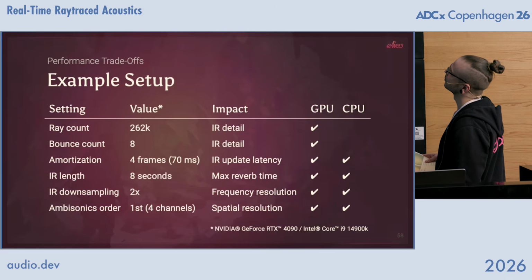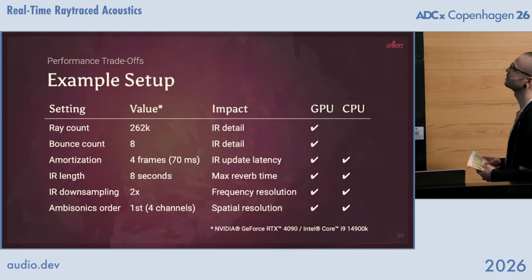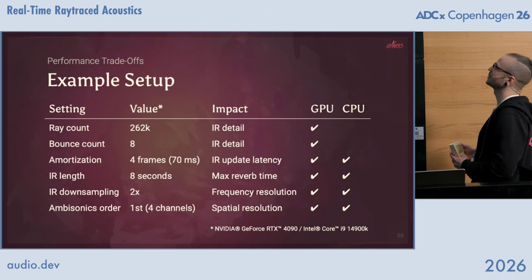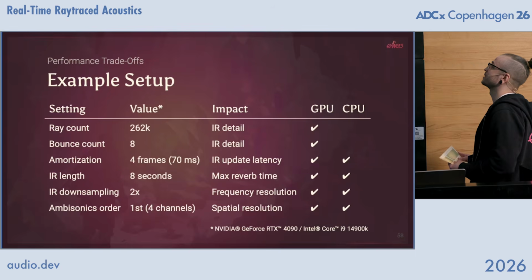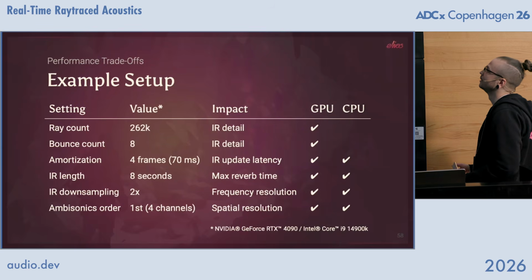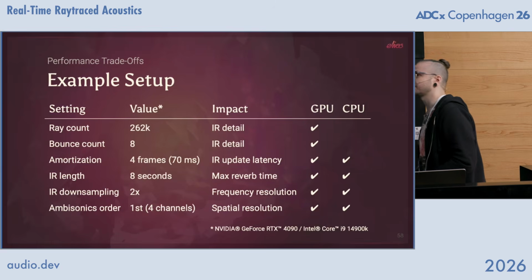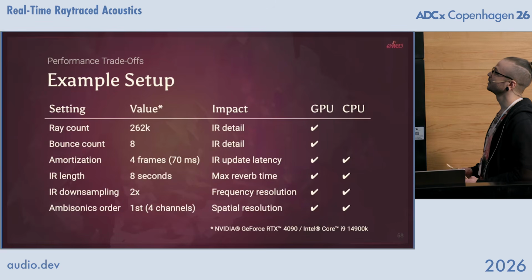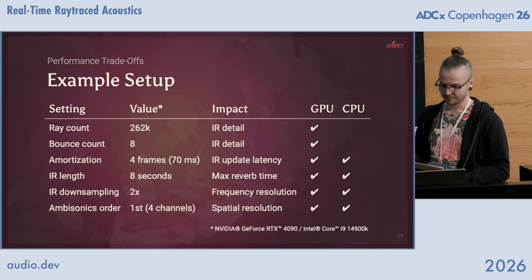We shoot in the order of a couple of 100,000 rays in the ray tracing pass and let those rays bounce up to 8 times, which gives us a fairly detailed impulse response. That is amortized across 4 frames, which gives a reasonable update latency. And then we were able to use 8-second long impulse responses, which is definitely enough to capture the largest and most reverberant spaces in the game we're working on.